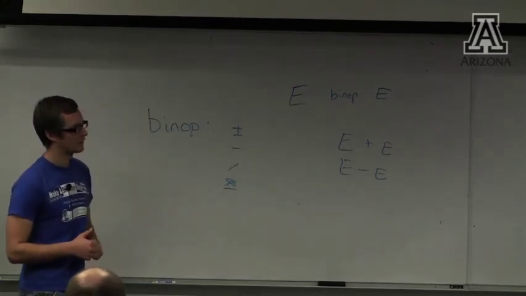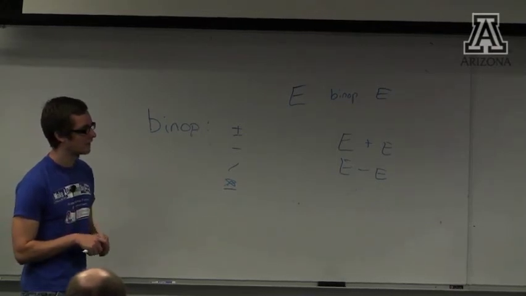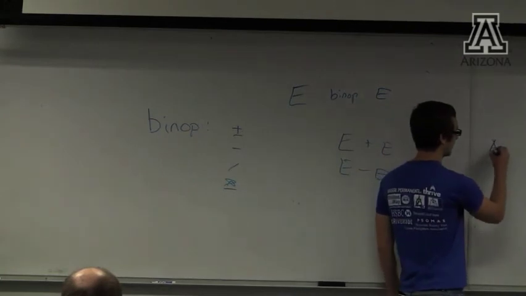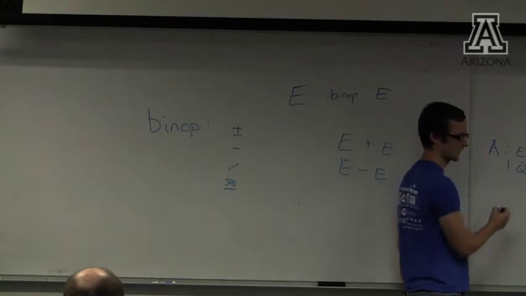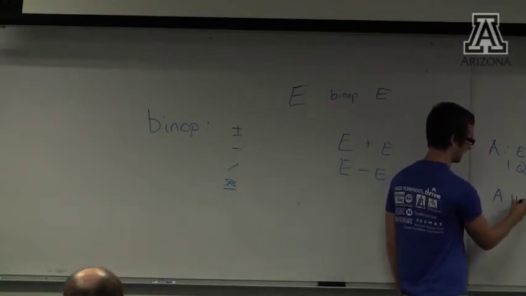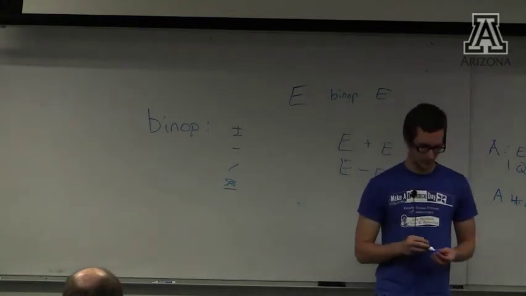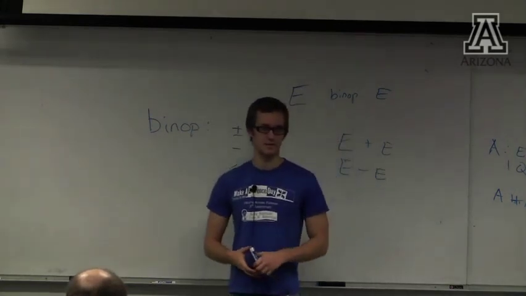You could probably do something like an A could be an E or a Q, right? And then you could say A binop, A plus A minus A, and so down the line. Yeah, I guess that does work. I don't think that has any conflicts, but try it out and see what happens.